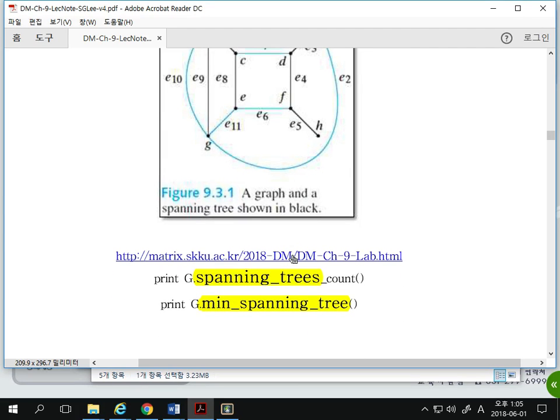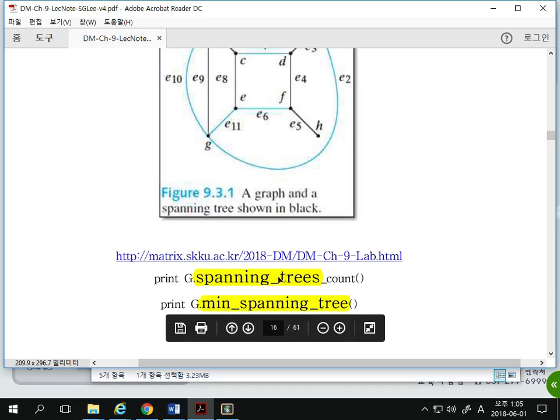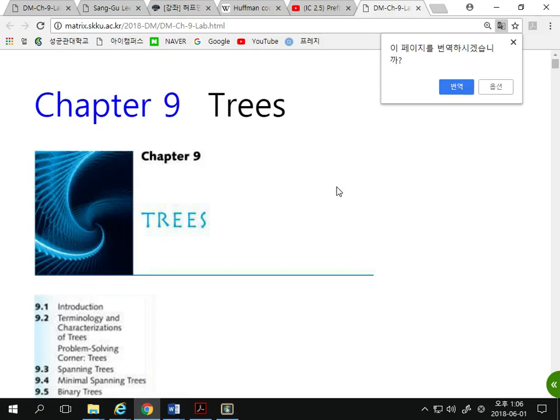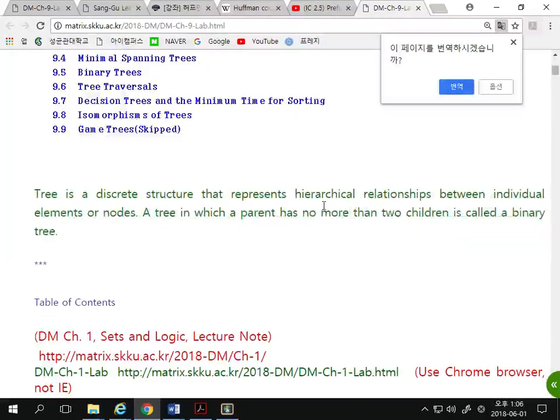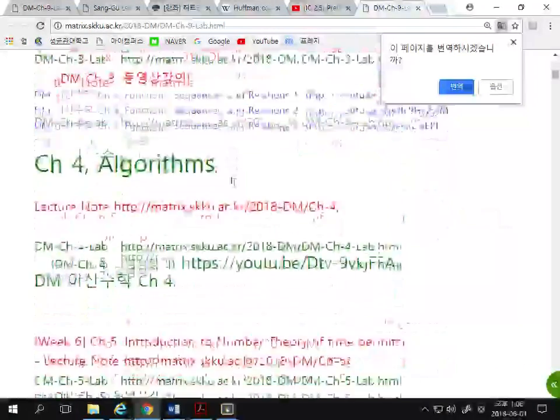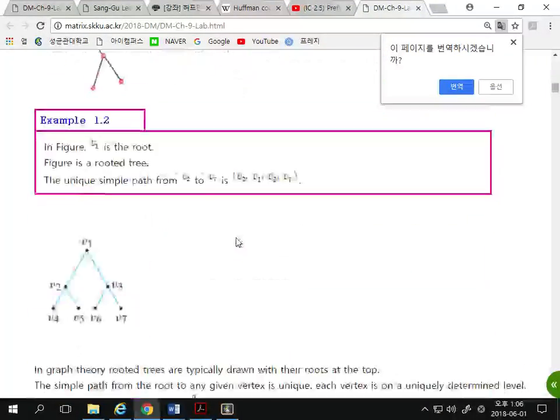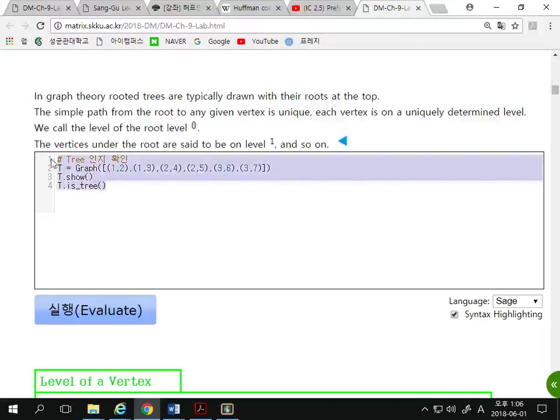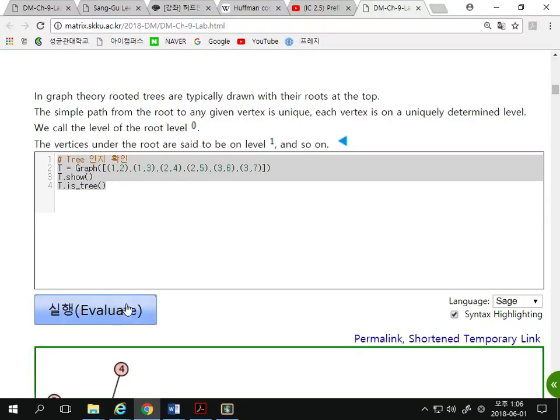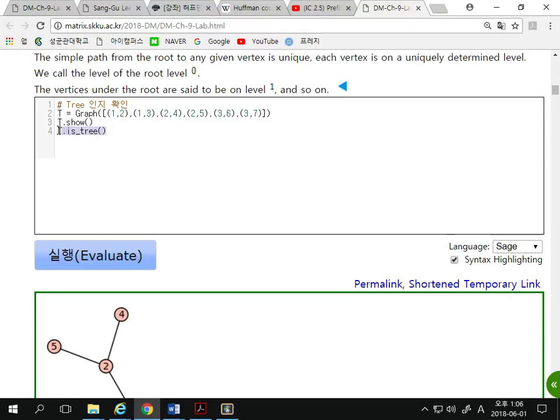And I have made a code on trees in this laboratory, which I introduced in the earlier lectures. Here are trees, definitions, and this Sage code, based on Python, tells us whether the given graph is a tree or not.